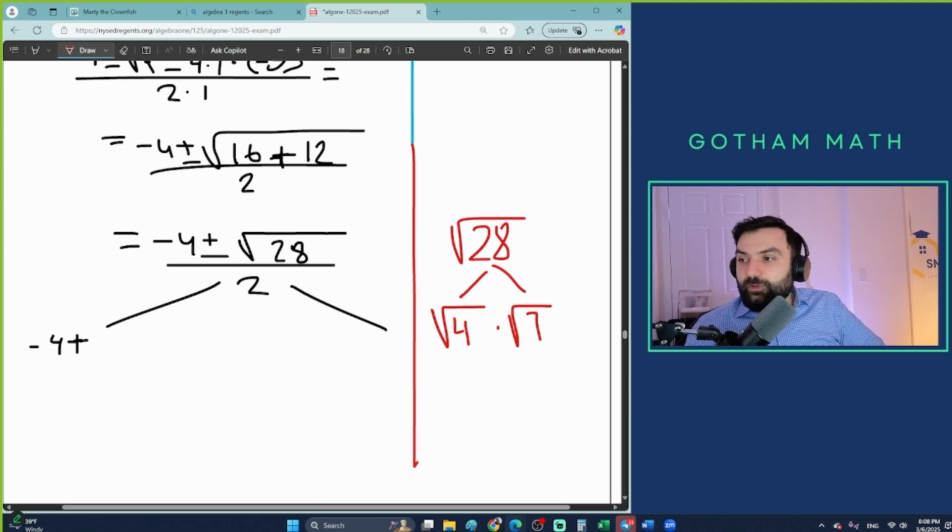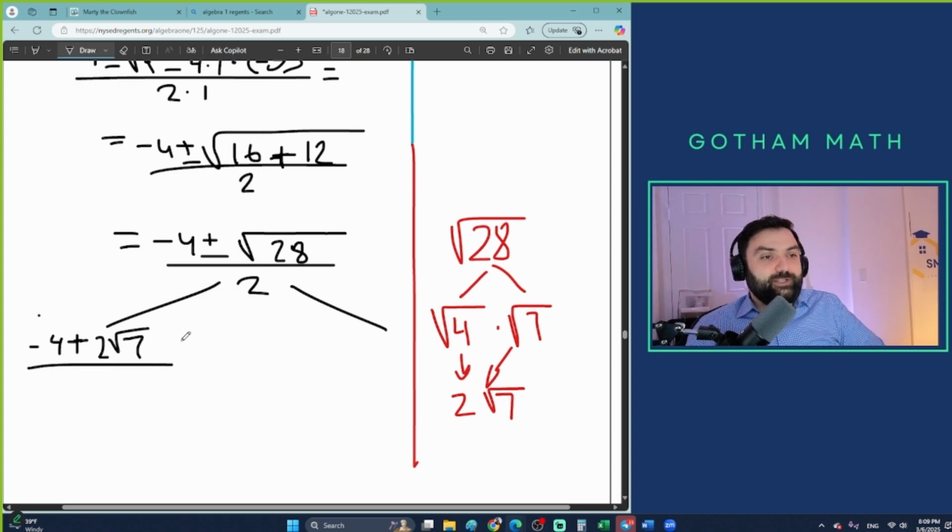If you don't know how to break down radicals, ask me during our next live class. So it's going to be 2 square root of 7. So it's going to be negative 4 plus 2 square root of 7 over 2.